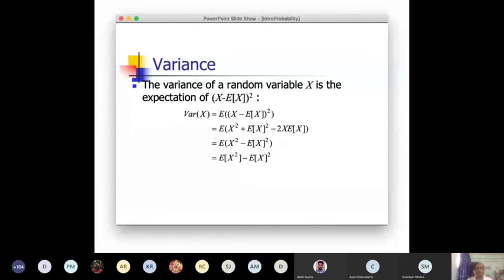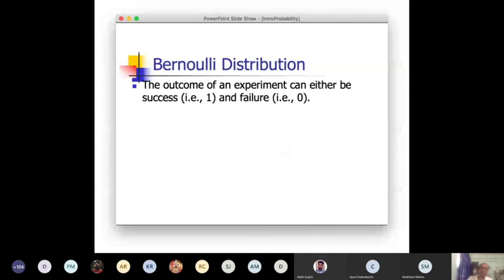And similarly, there also we are very familiar with this kind of reduction, that this definition can finally be reduced to compute variance. You just find the difference between the expectation of its square minus the square of the expectation. So this is how the variance could be computed.